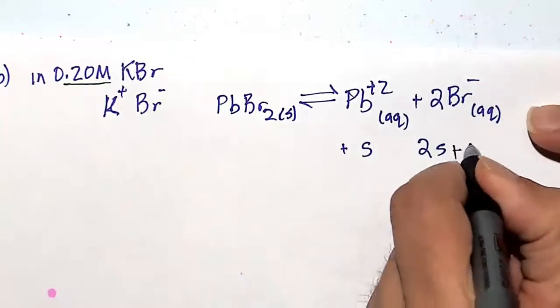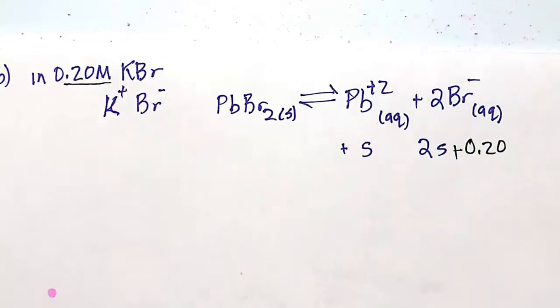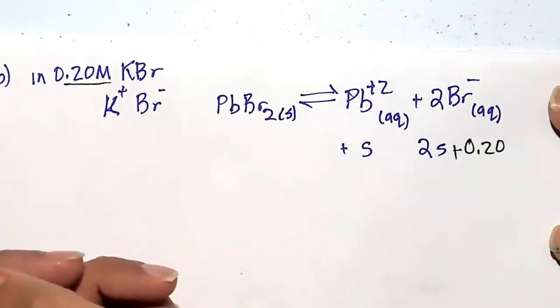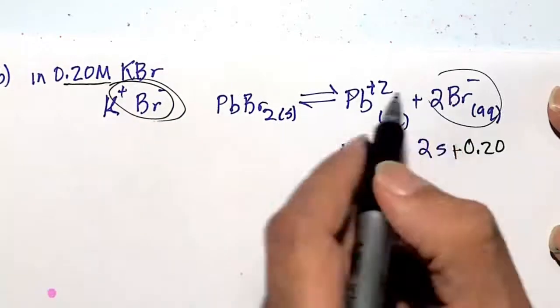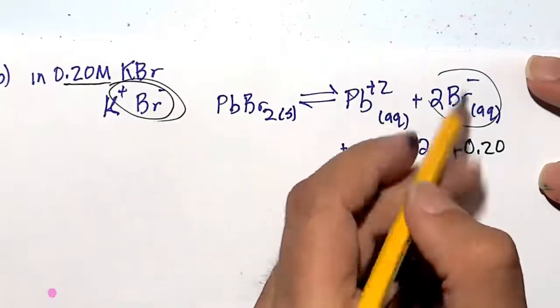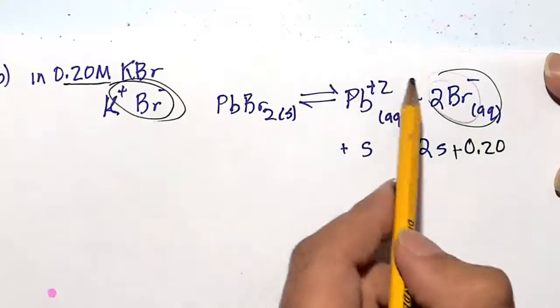whose concentration in part B was 0.20 molar. So the Br minus concentration is not just 2S, which is coming from the KSP moving to the right-hand side. The concentration of Br minus is also from the 0.20 molar Br minus. So Le Chatelier's tells us that this reaction is going to shift towards the left, towards the formation of the solid.